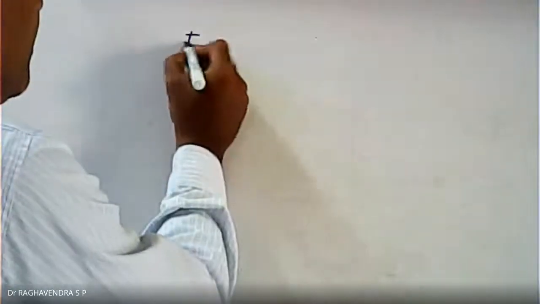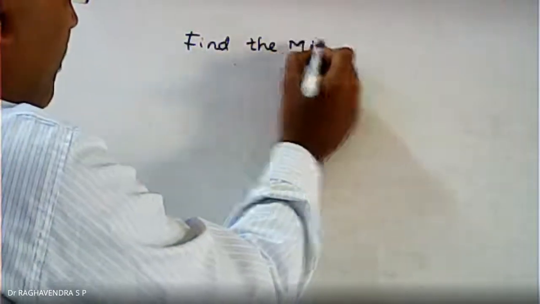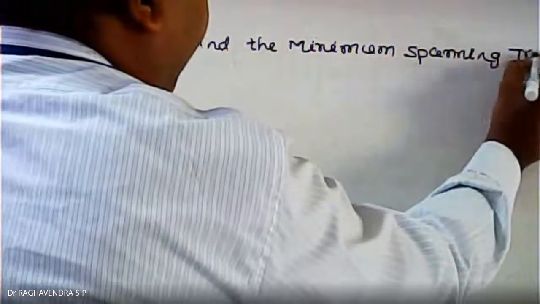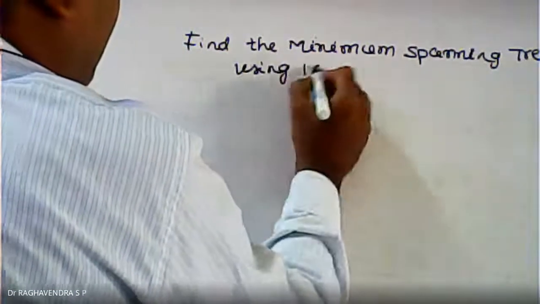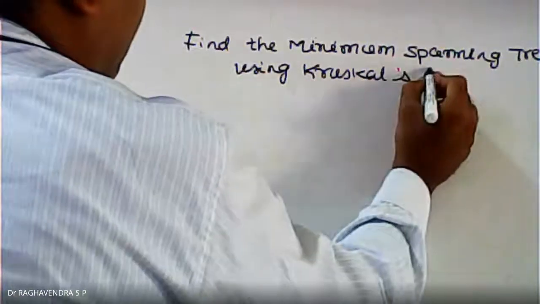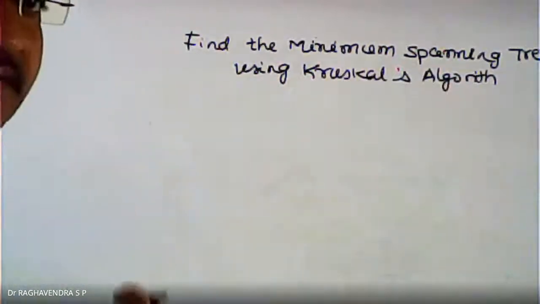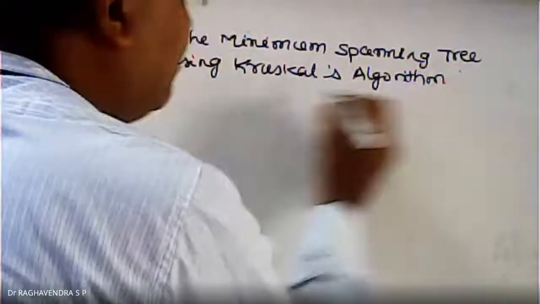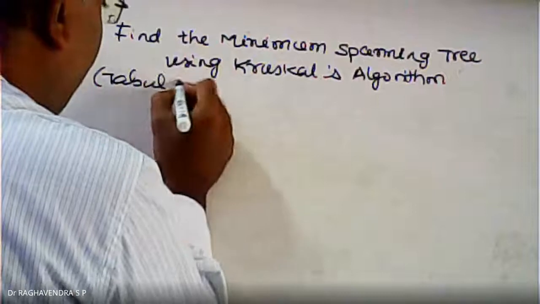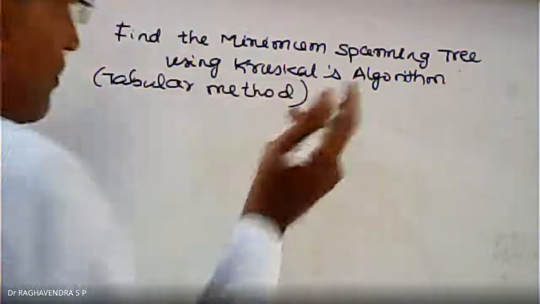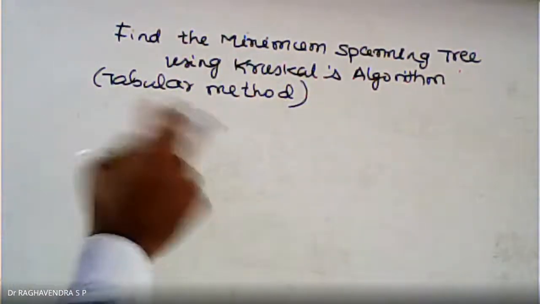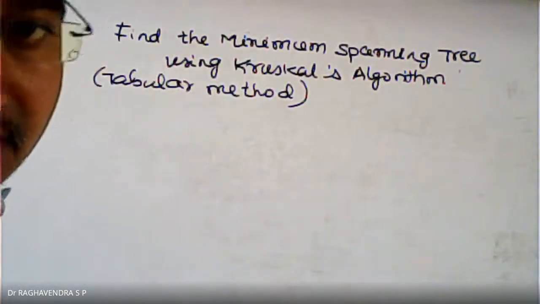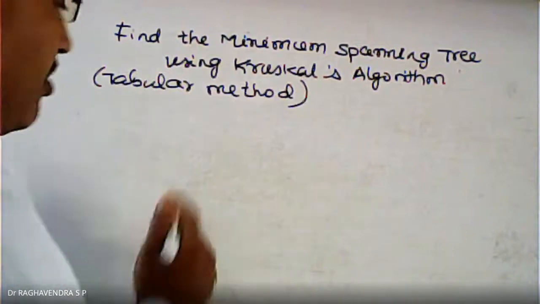The problem is: find the minimum spanning tree using Kruskal's algorithm, and particularly the technique we are going to follow here is the tabular method. I'm going to draw the graph here.